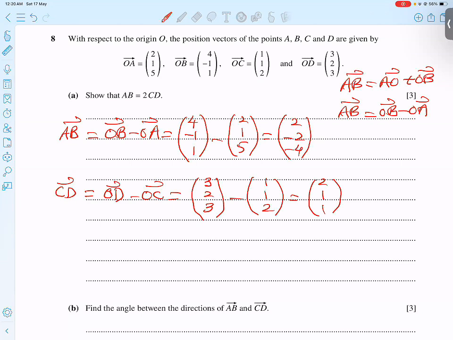Now he said, show that if you multiply this CD by 2, you get that. Or you can take common from here. So both are okay. If I take common from here, I'm writing the AB vector, basically I have 2, negative 2, negative 4.